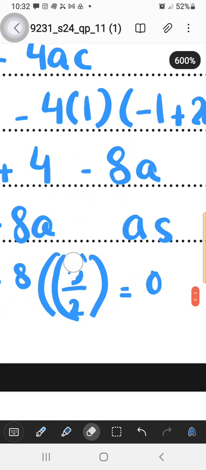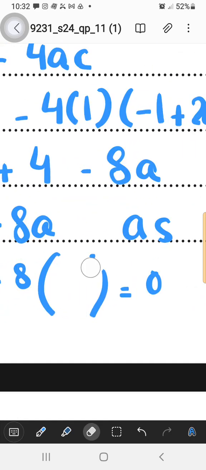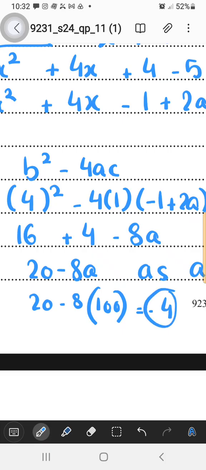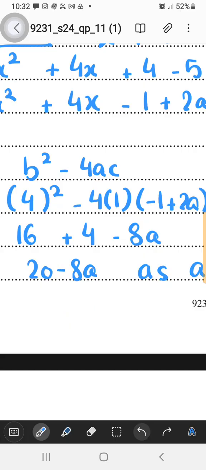So what is greater than 5 upon 2? 3 is greater than 5 upon 2. Now it will be 20 minus 24 becomes minus 4. Now as we go to a higher number than 5 upon 2, it will always be a negative number, which tells us that it will always be less than 0.